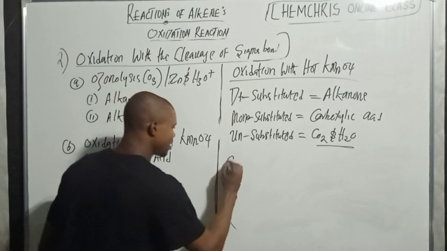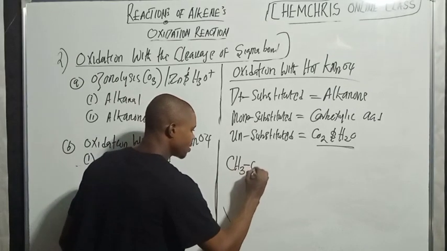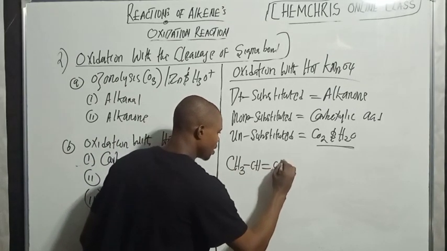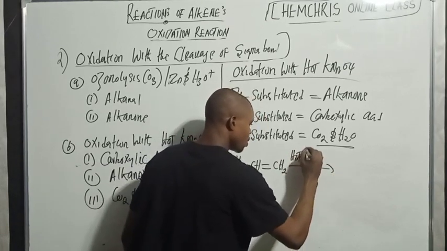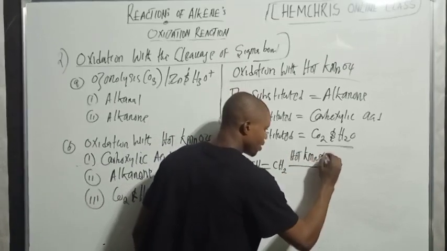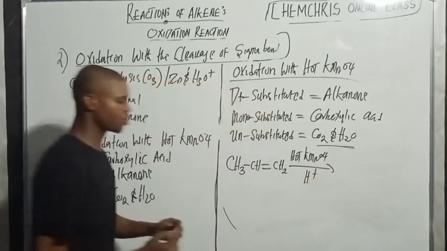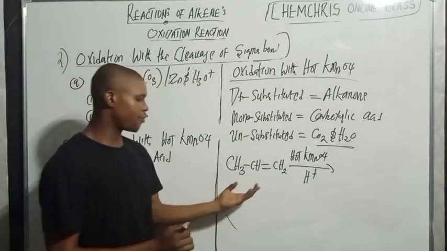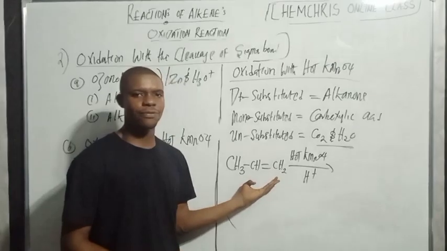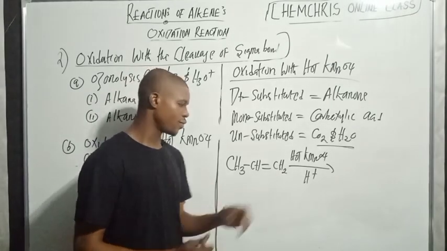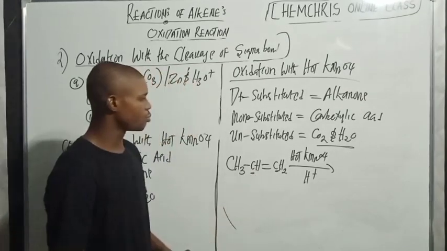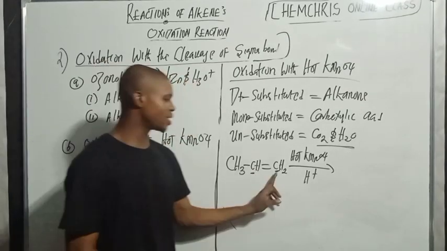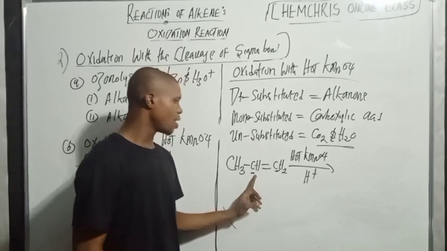If for example here we have CH3, CH double bond CH2, and we react with hot KMnO4 in acidic condition. Please take note. Therefore, you have to figure out the type of alkene involved. This one is un-substituted, this one is mono.